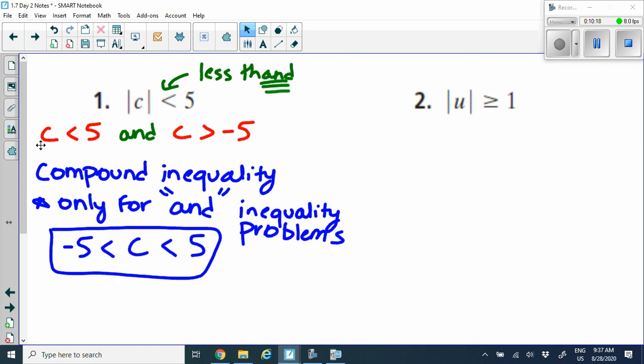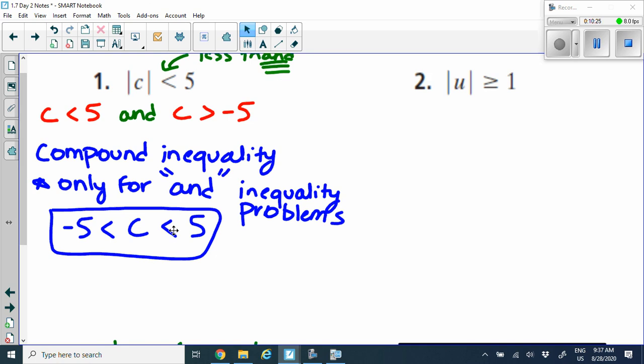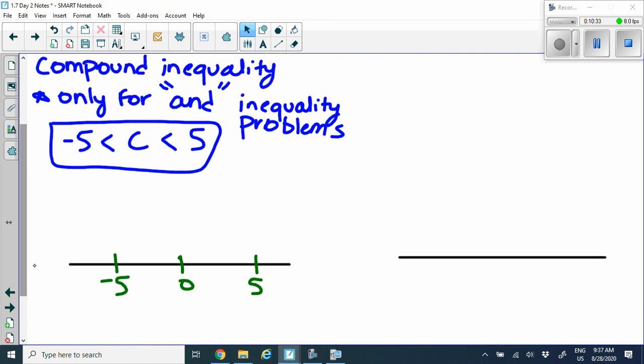If we look at our compound inequality, do we have equal bars? We don't. So that means we're going to have open circles on our number line, at -5 and 5, because those are the endpoints of our solution.